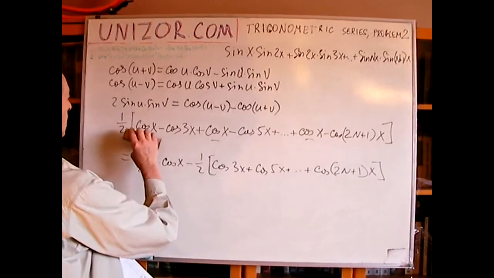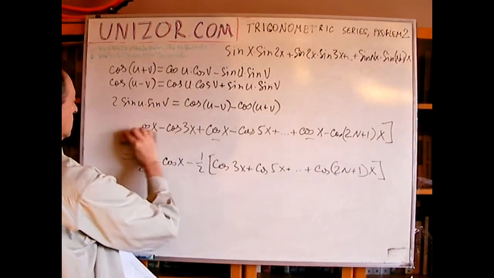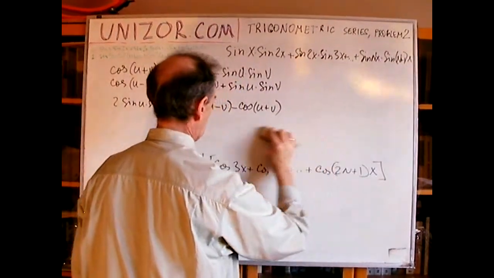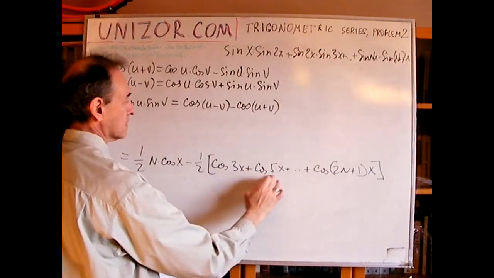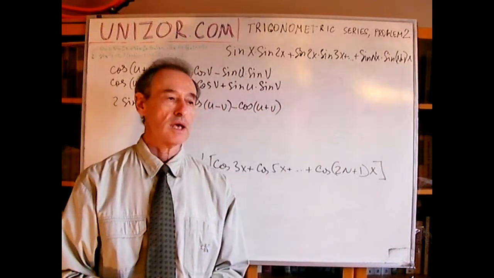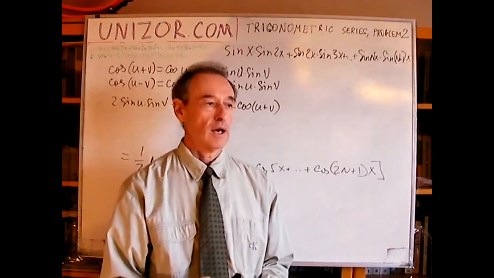Now, what can I wipe out? I can wipe out, I guess, this one. So, we have to calculate the sum of these. Now, if you remember, again, in the previous lecture, it was quite obvious.